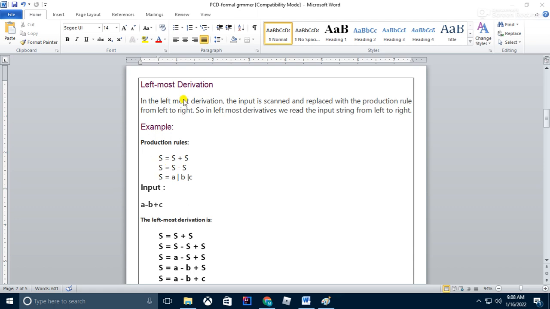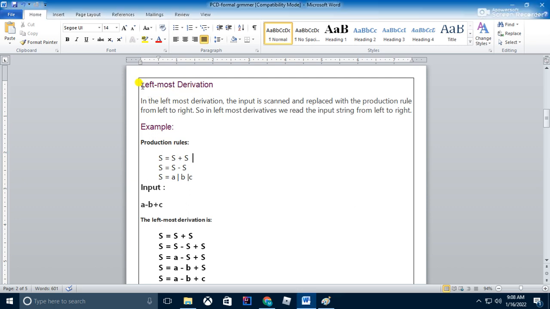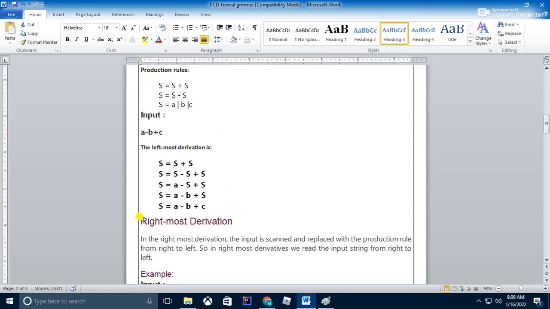Based upon the sequence in which it replaces the non-terminals in the given production rule, derivations are classified into two major types. One is called leftmost order of derivation, and the second one is called rightmost order of derivation.